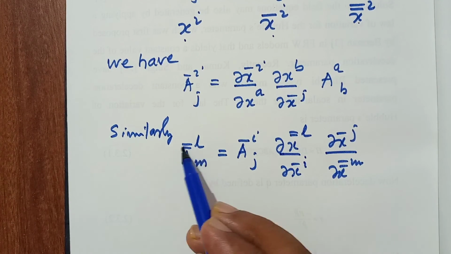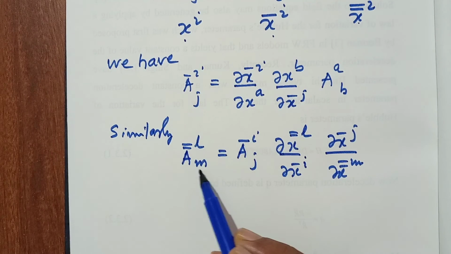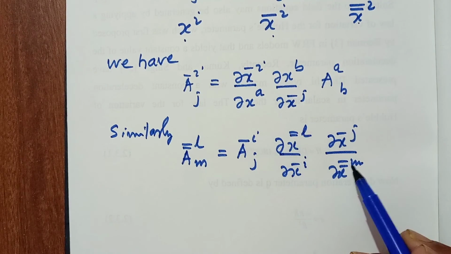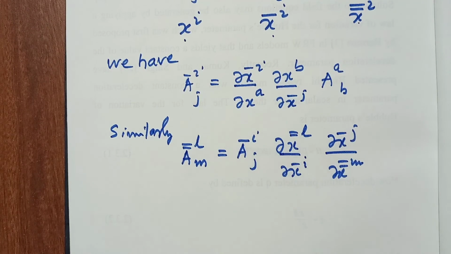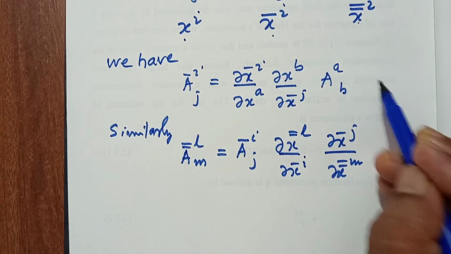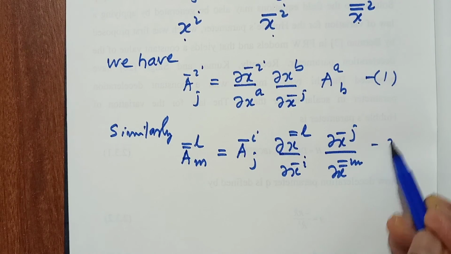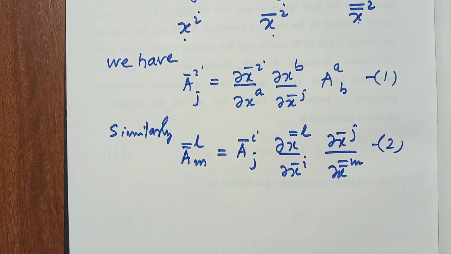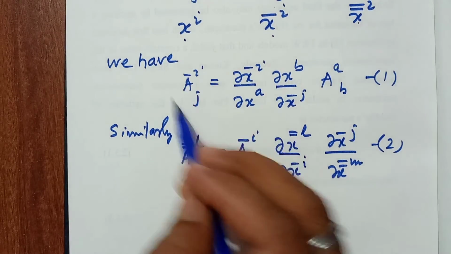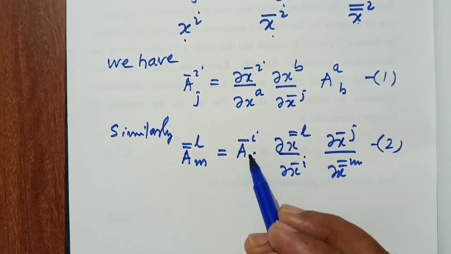Here l is in the upper position and m in the lower position, while i and j are dummy indices. Now this is the first relation and this is the second, so from the first and second we can substitute the value of A bar i j.